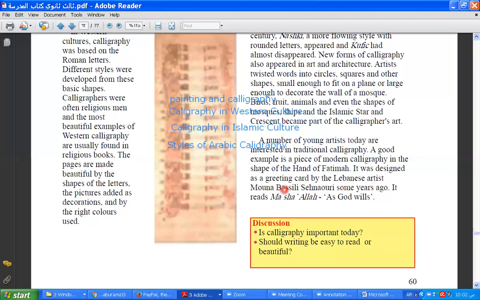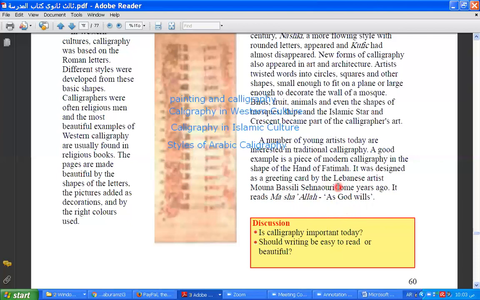It was designed as a greeting card. The Lebanese artist Muna Basili designed it. We have Mashallah, which means in English as God wills.